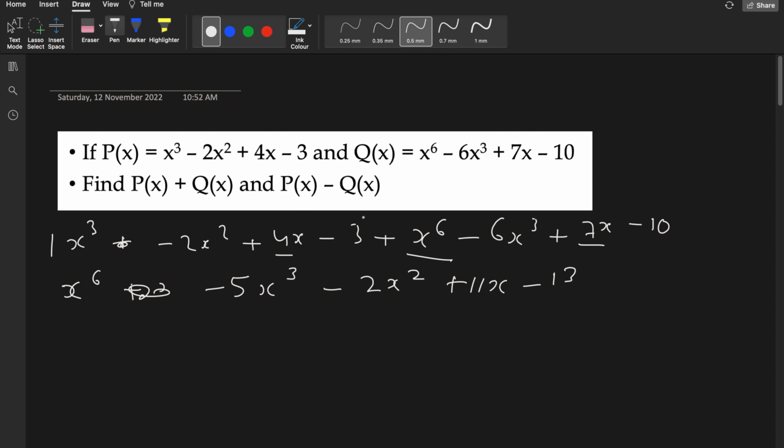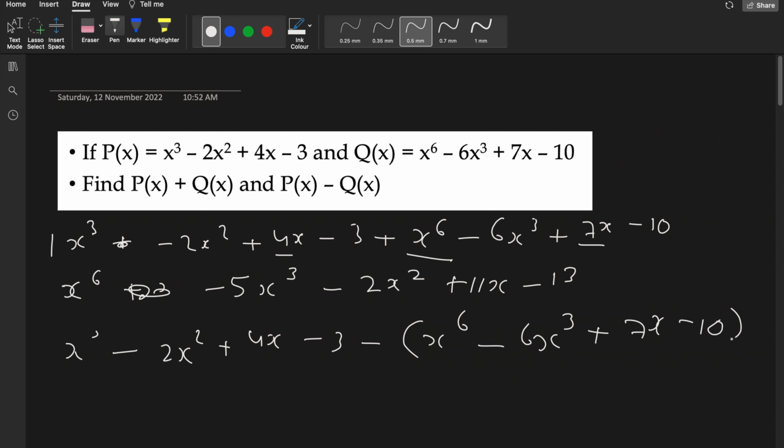And you could do the same for p of x minus q of x. Okay, so let me just work this out. So p of x is x to the power of 3 minus 2x squared plus 4x minus 3, and then minus of x to the power of 6 minus 6x squared plus 7x minus 10.